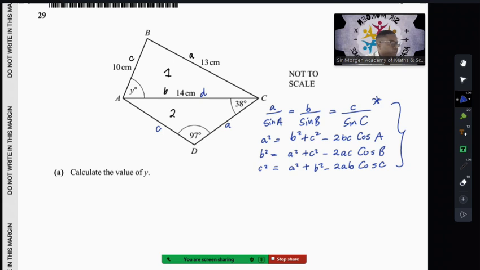So our focus is going to be the cosine rule. From that diagram, we're finding angle A, so we're going to take that one.